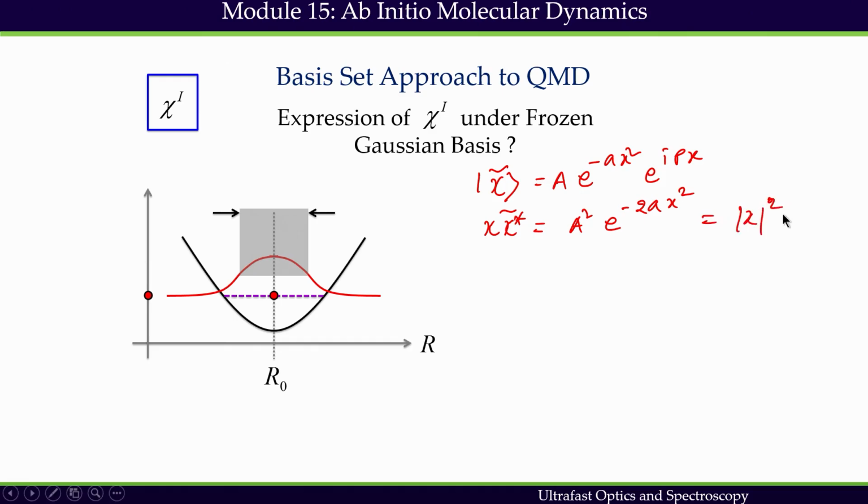Now we'll do the normalization, and for normalization we'll take the integration from minus infinity to plus infinity over dx, which we get to be 1, if it is a normalized function, and this gives me a square.